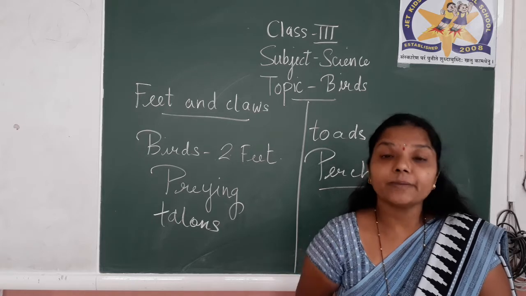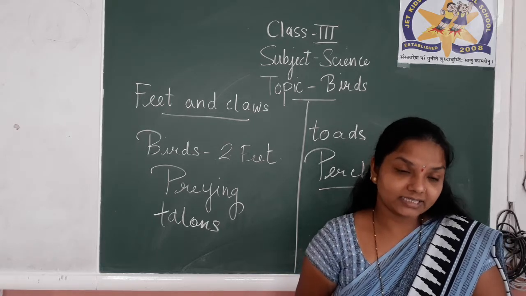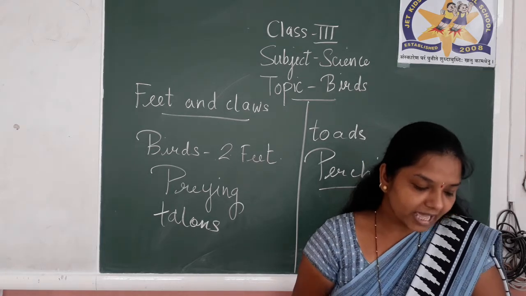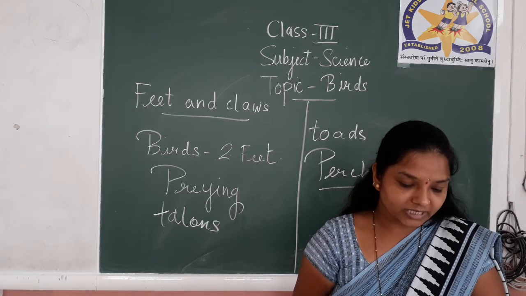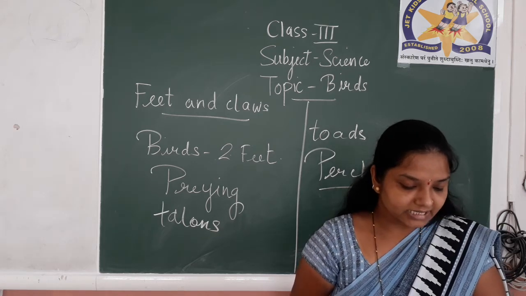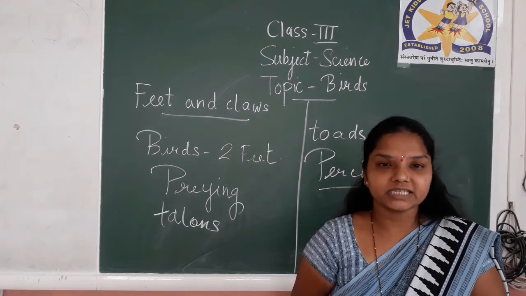Now, let us discuss how the birds fly. Yes, we know that birds fly with the help of their wings. Birds fly with the help of their wings and strong muscles that attach the wings to their body. These muscles are called flight muscles.